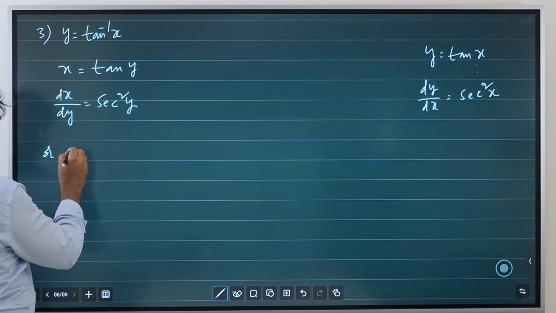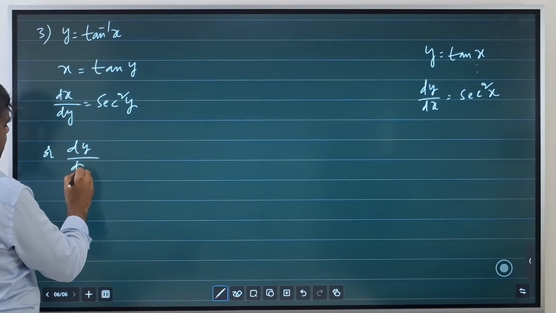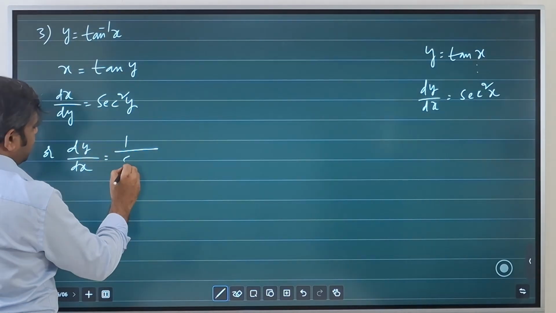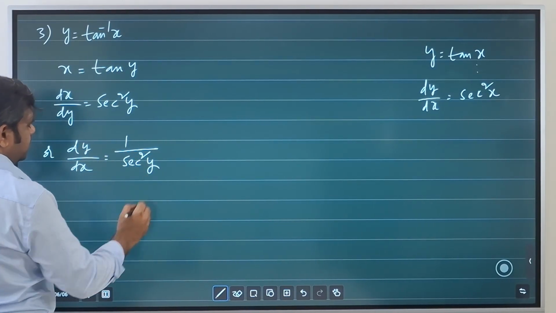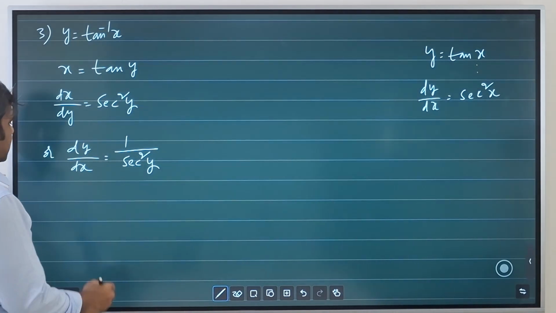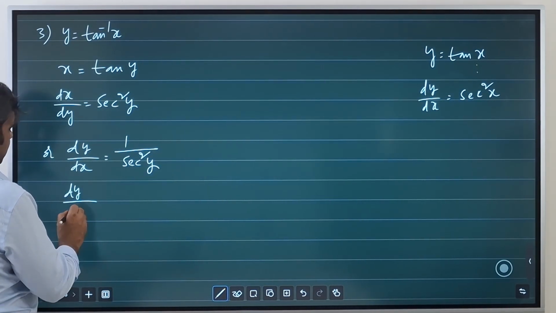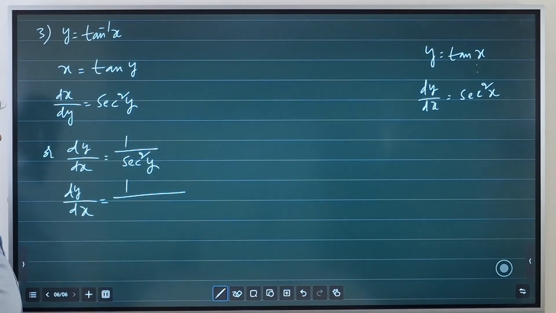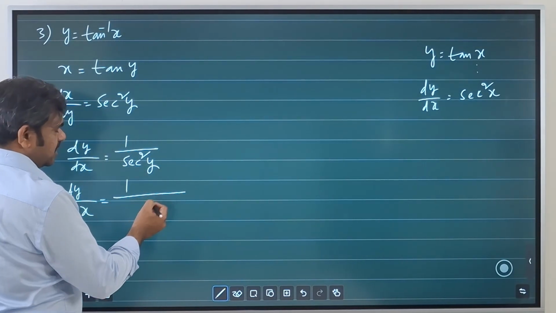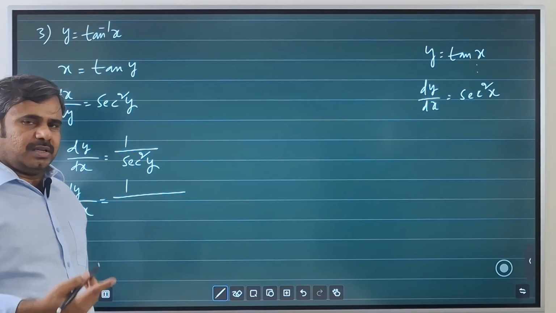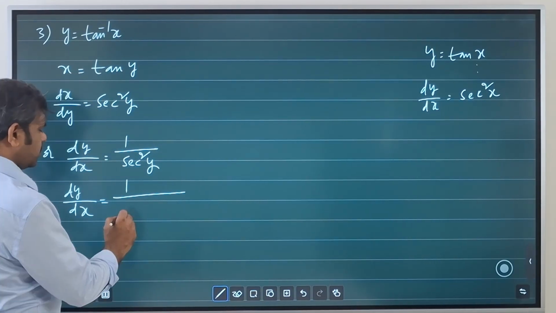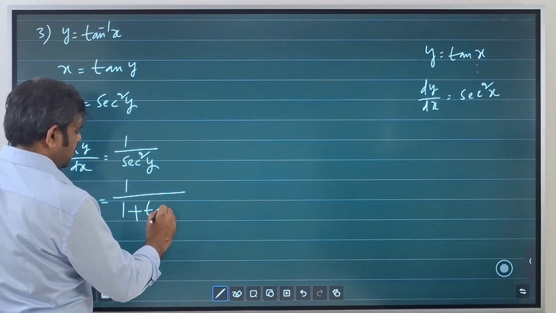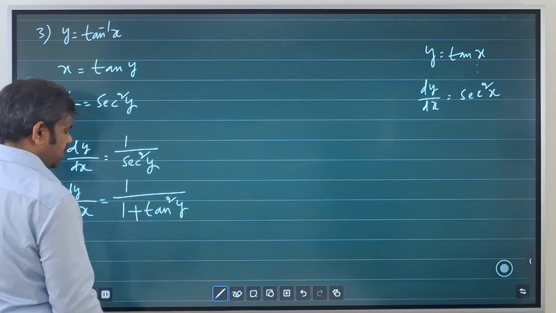Or we can write this as dy by dx is equal to 1 by secant square y. We can write this in terms of x by using one of the trigonometric identities: secant square y minus tan square y is equal to 1. So secant square y can be written as 1 plus tan square y.